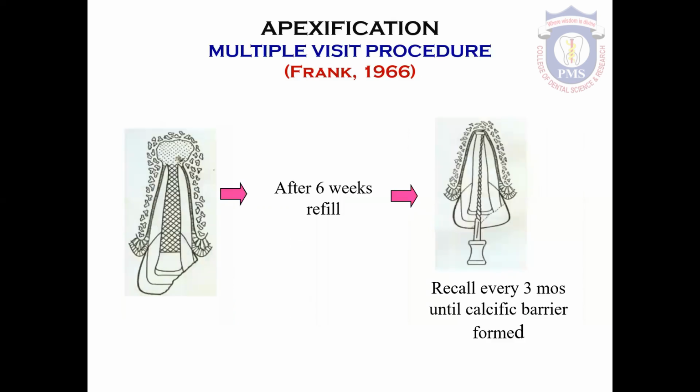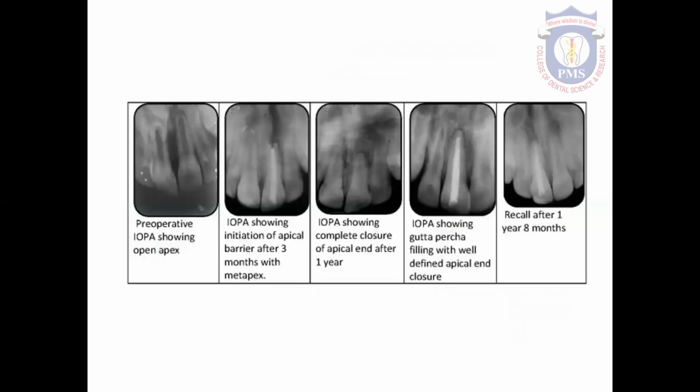And then a permanent type of restorative material is used to close the access cavity in order to avoid coronal leakage. And the patient is recalled at regular intervals, 2 to 3 month intervals, until a calcific barrier is formed. And after formation of the calcific barrier, routine RCT and gutta-percha point obturation is done.